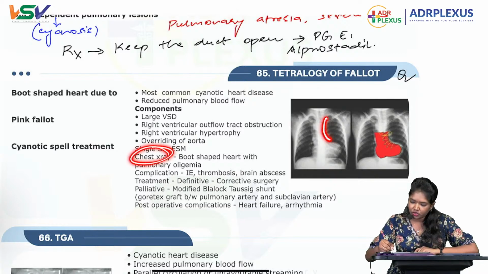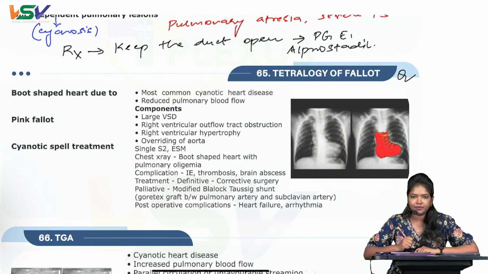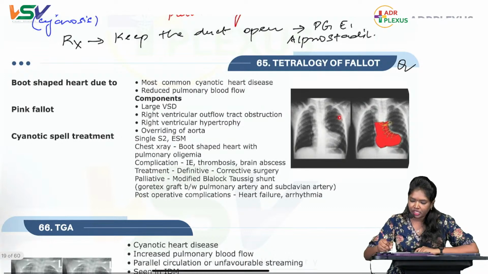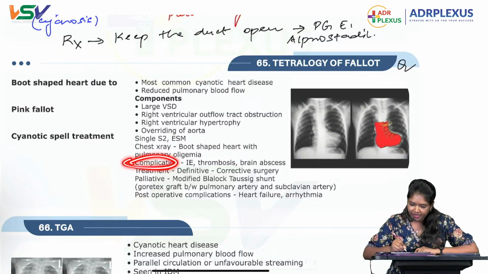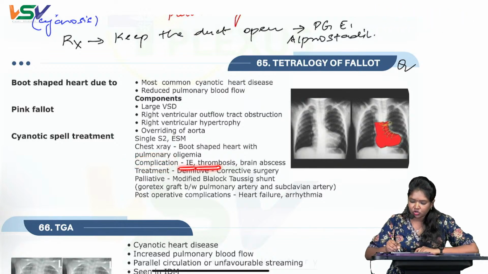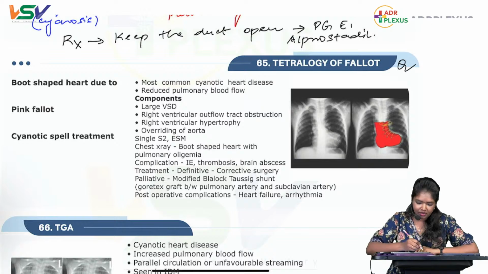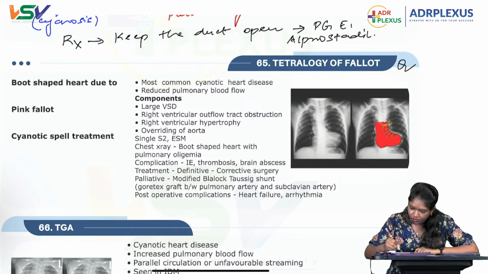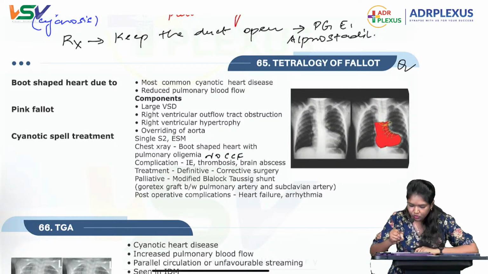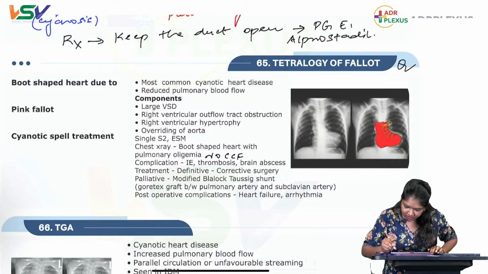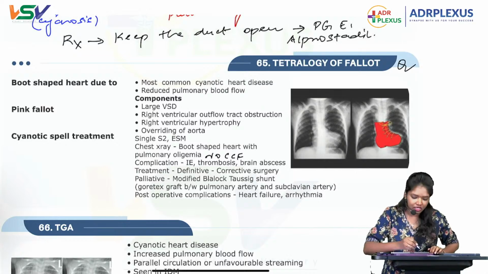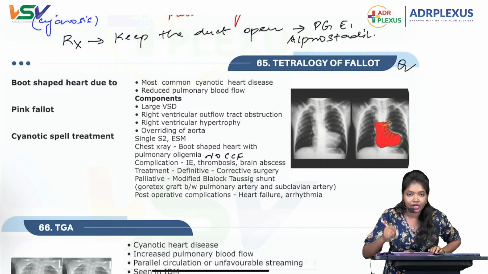Chest X-ray will show a characteristic boot-shaped heart and pulmonary oligemia, which means blood flow is reduced. Complications: infective endocarditis, thrombosis, brain abscess can be there, but no CCF. Treatment is definitive surgery, where you close the VSD and relieve the spasm.